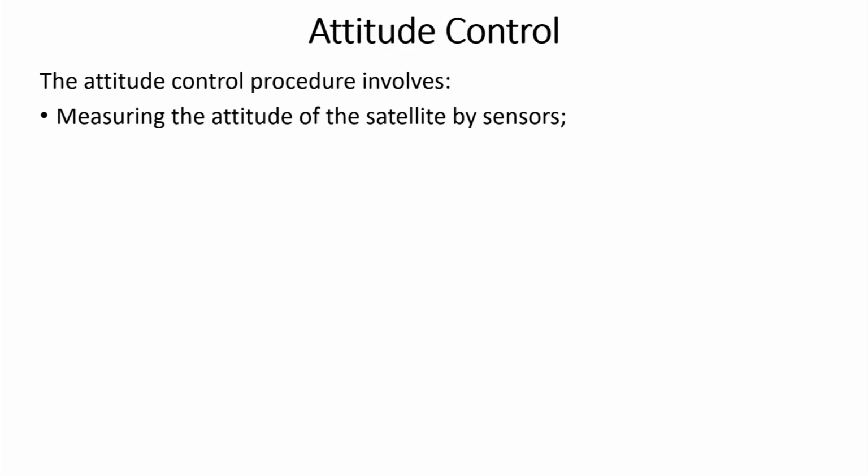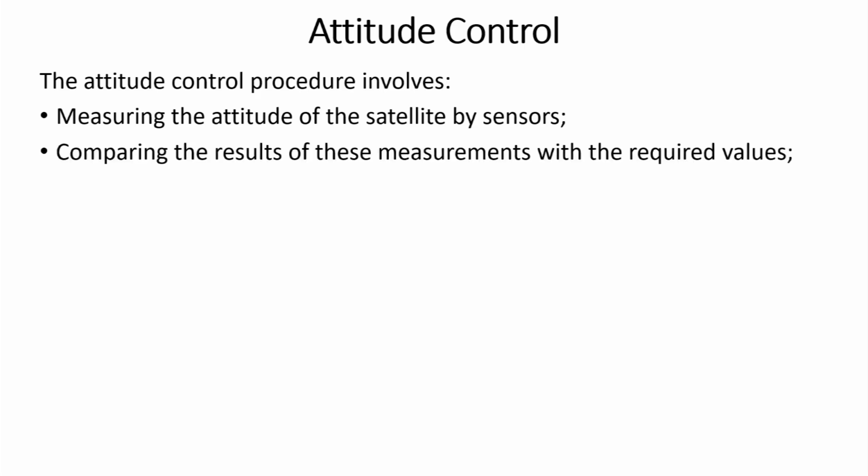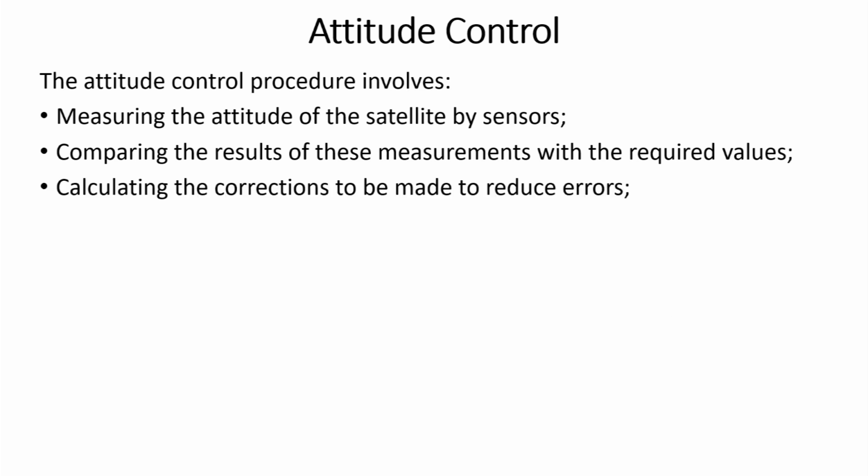The attitude control process involves measuring the attitude of the satellite by sensors, then comparing the results of these measurements with the required values. Whenever you have the sensor readings, you know the axis, and the nominal axis positions are known. Comparing these two gives the error and what the input to the actuators should be.